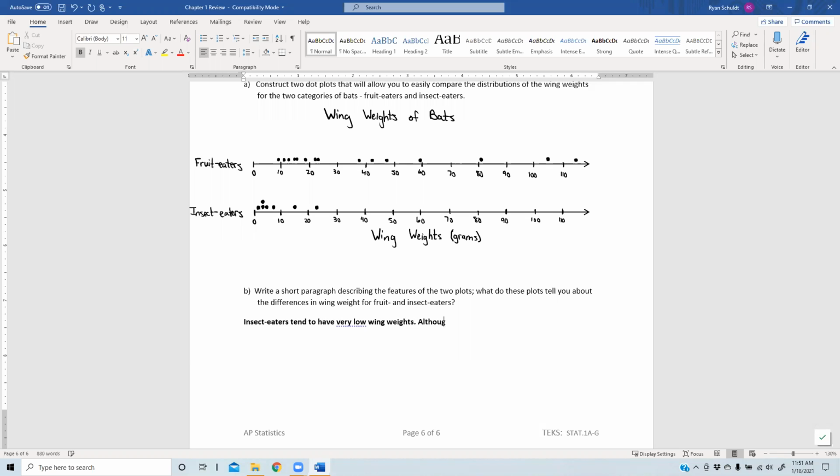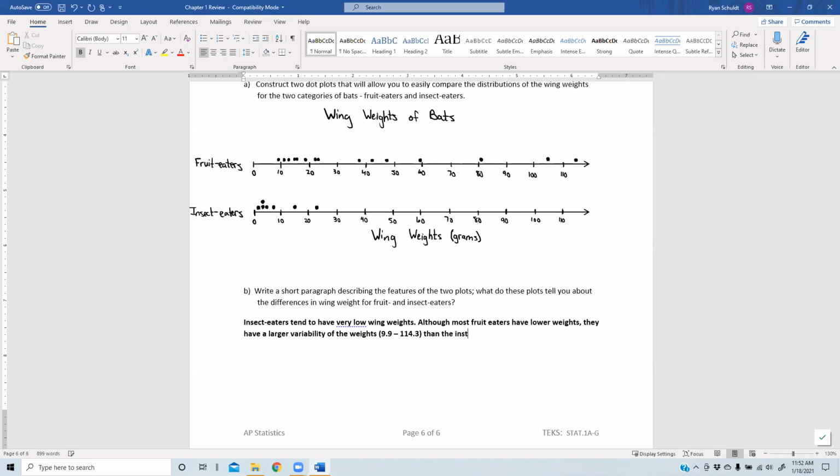And with that being said, although most fruit eaters have lower weights, just like our insect eaters, they have a larger variability of the weights. So they go from 9.9 all the way to 114.3.